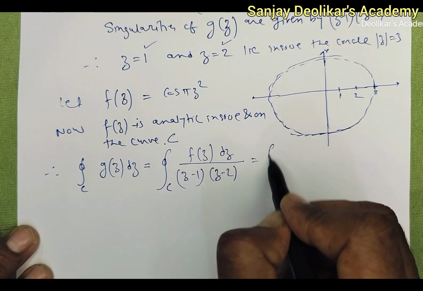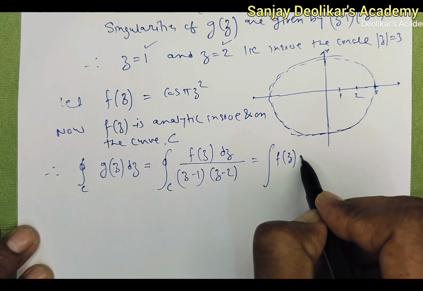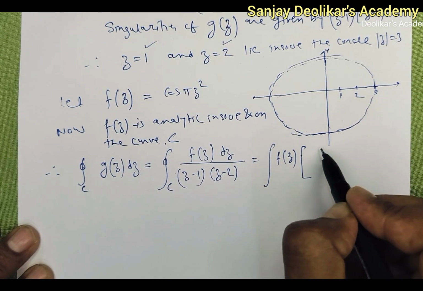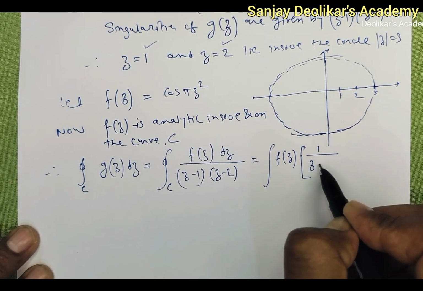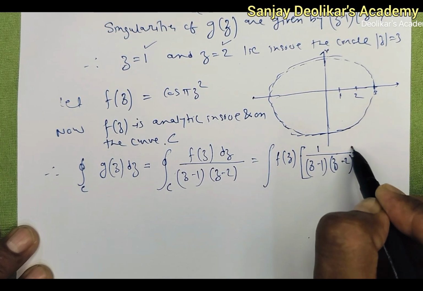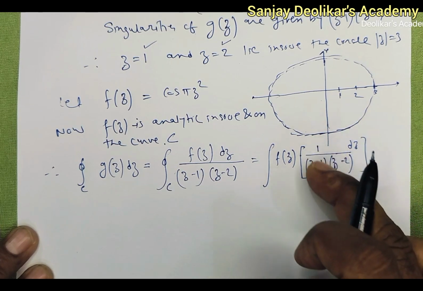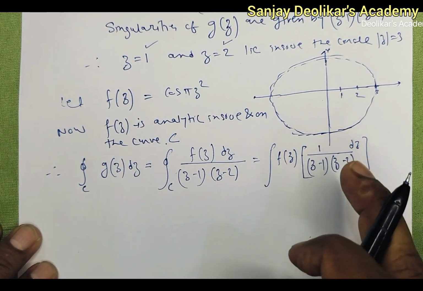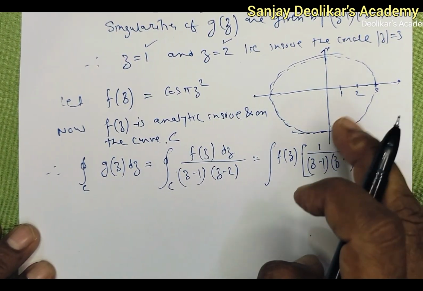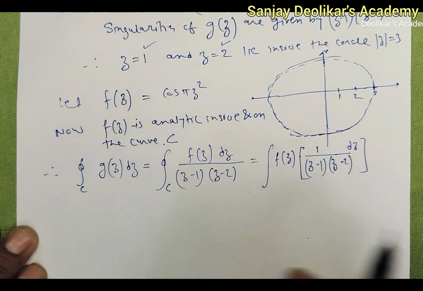We can write this like this: f of z into, inside the bracket, 1 upon z minus 1 z minus 2, dz. Now such types of integrations are solved by partial fractions, which we have already learnt in 12th standard. Let us see that.